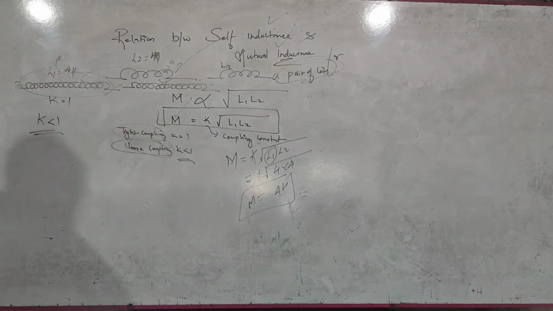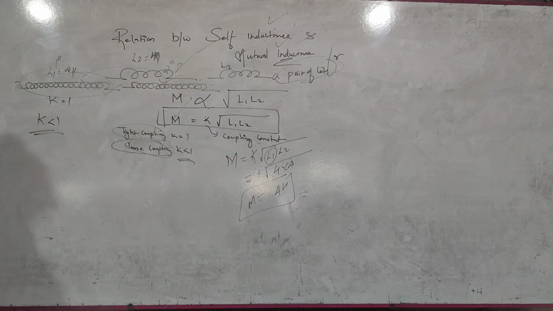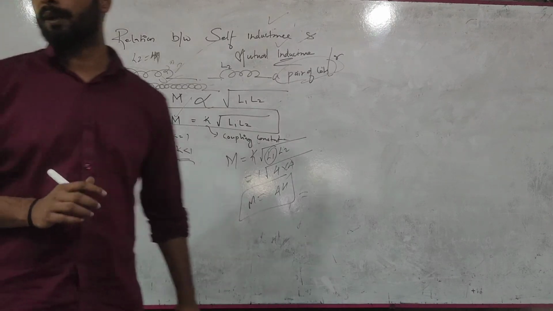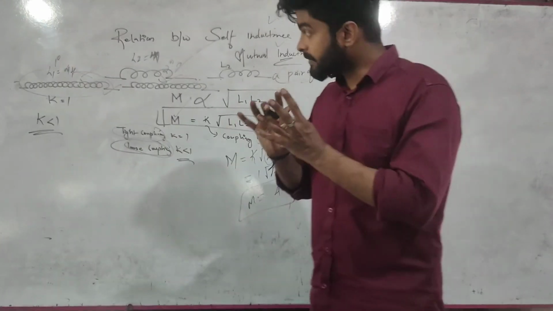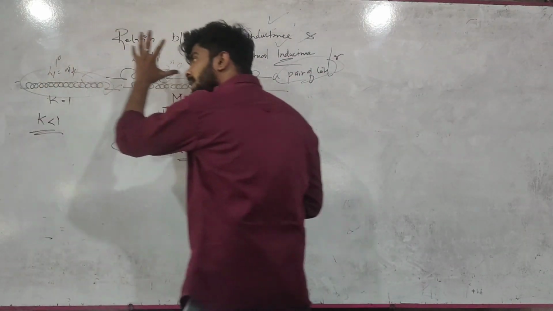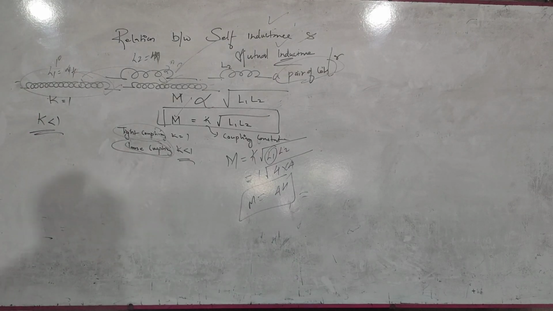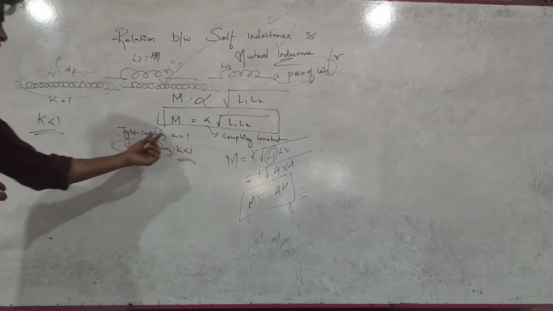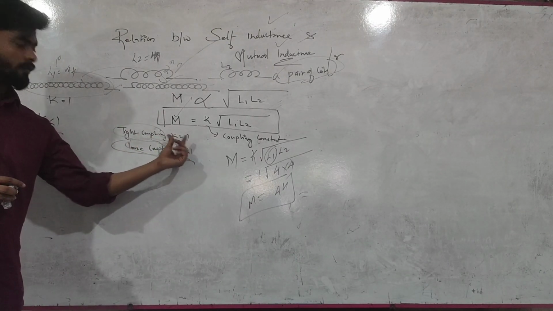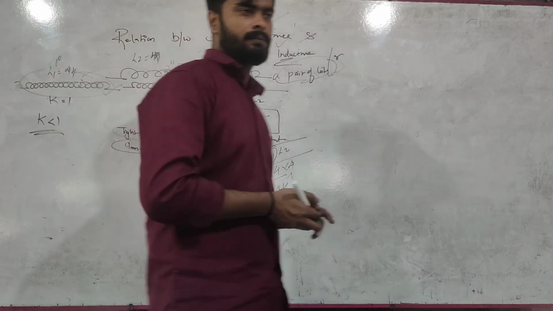If the coupling is not tight, then the complete flux will not be available to the secondary coil. Only a part of the flux will be available if it is loose coupling. This is the difference between tight coupling and loose coupling. For tight coupling, the coupling constant is 1. For loose coupling, the coupling constant will be less than 1. Clear? Okay, note it down.